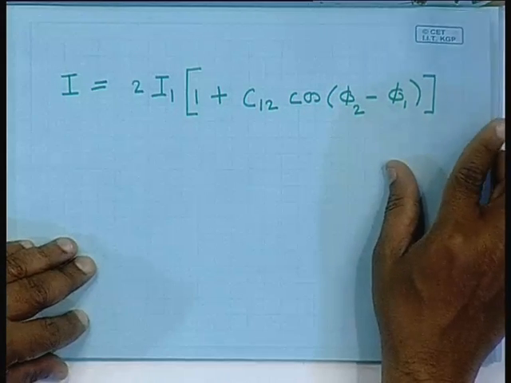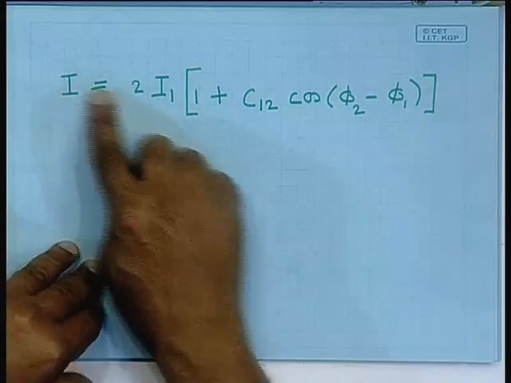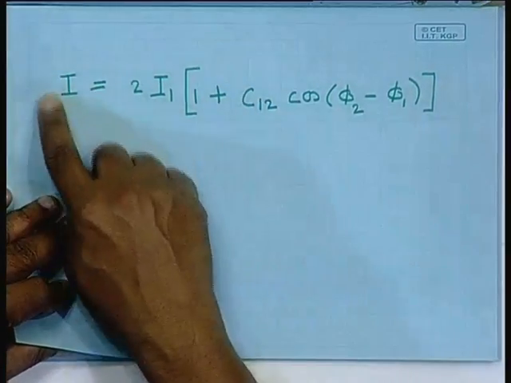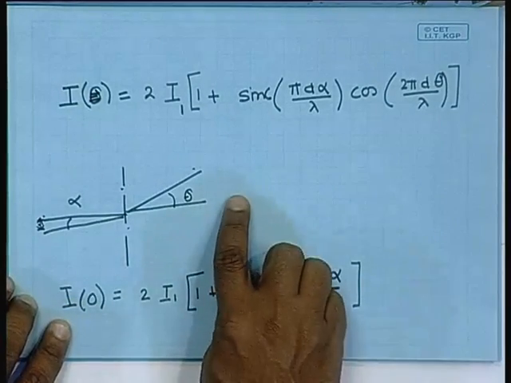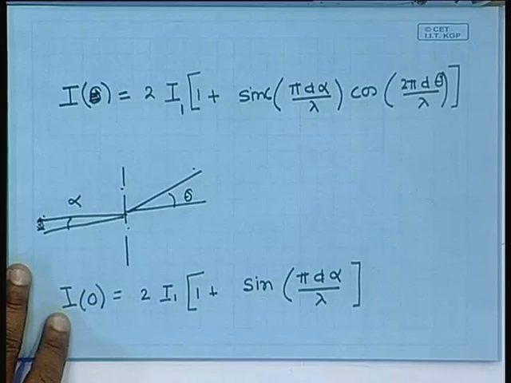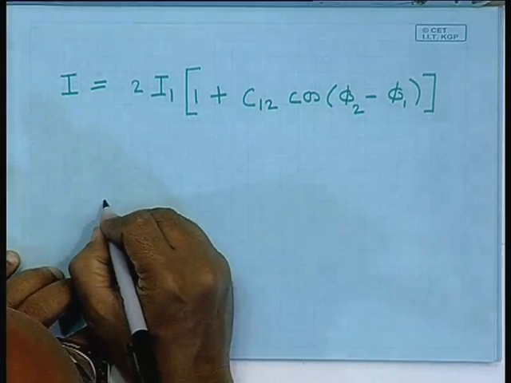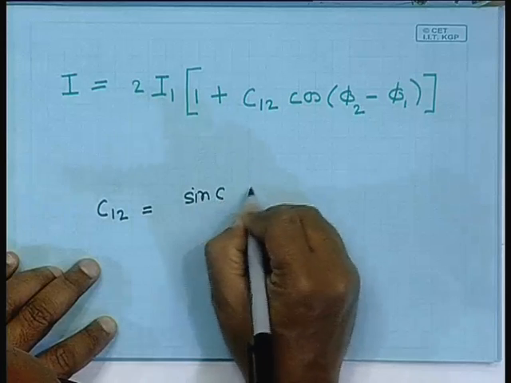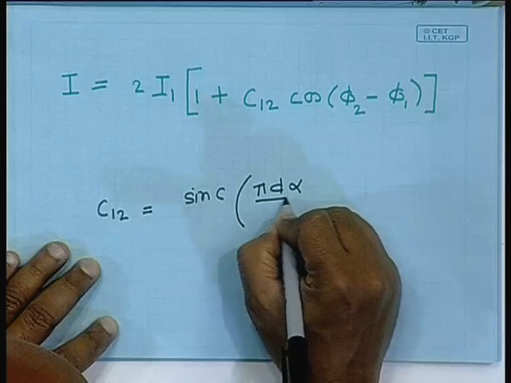At the central point, the phase difference is 0. So if you match this expression, which is valid for partially coherent waves, with the expression for the intensity at the center in the Young's double slit experiment, you can see that the spatial coherence of this wave, C12, is equal to sinc pi d alpha by lambda.